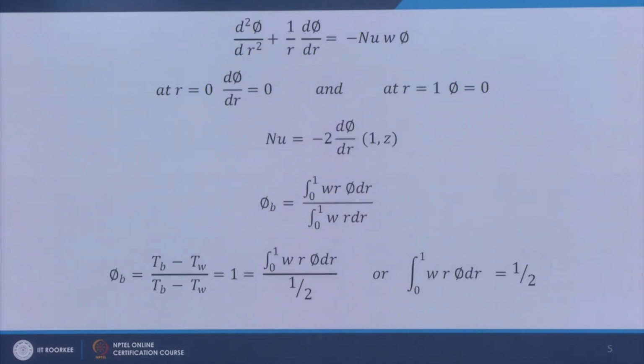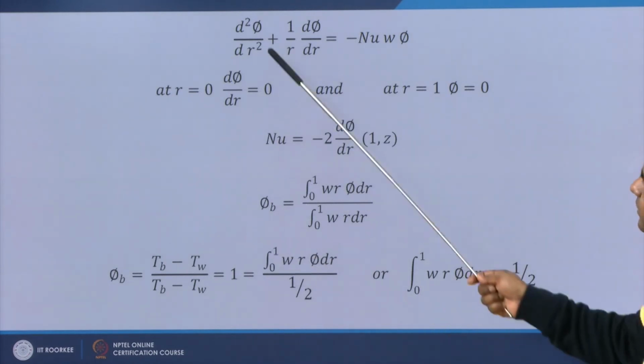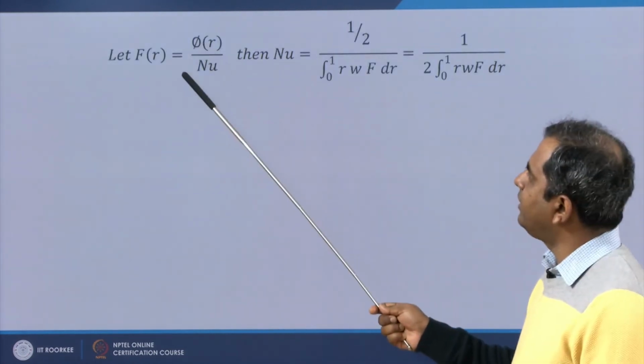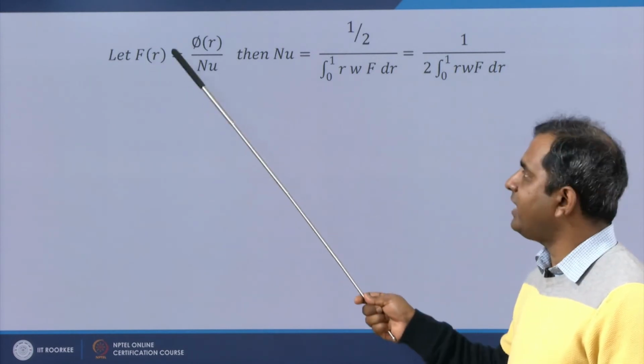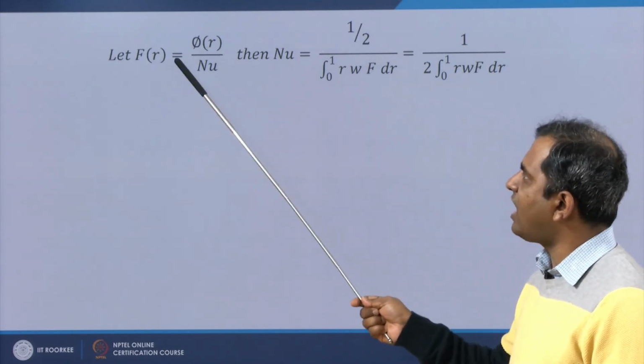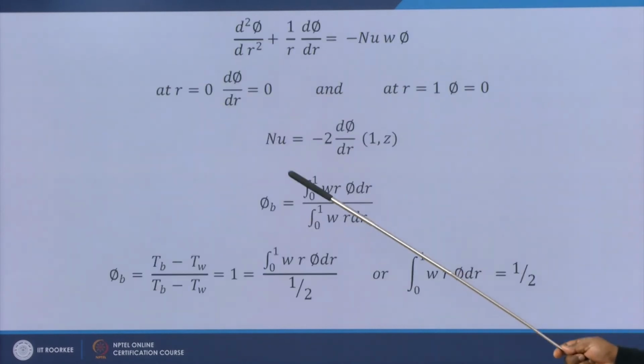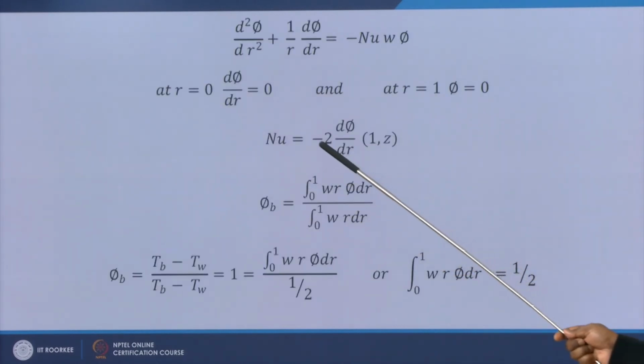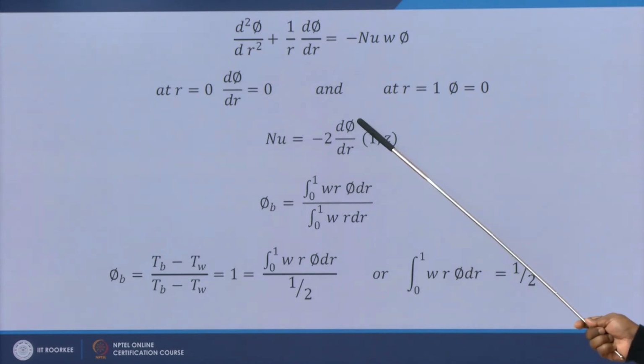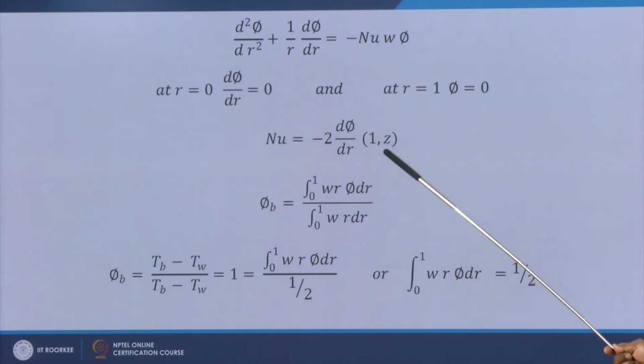Next, to solve these sets of equations and simplify this further, especially this equation, let us consider that phi is Nusselt number into f. Here f and phi both are functions of r. If we do so, then from the previous set of equations, Nusselt number was minus 2 del r of phi at 1 comma z.